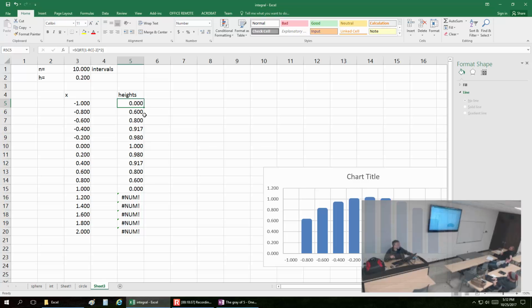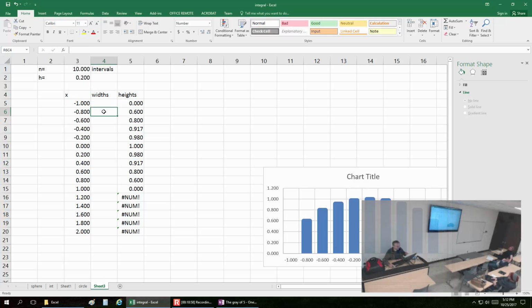Then to find the areas of the rectangles, what do we need to find? Width times height, right, so we need the width. So let's find the width here. It's uncomplicated.